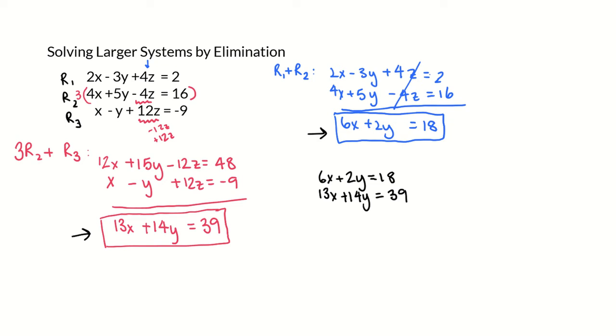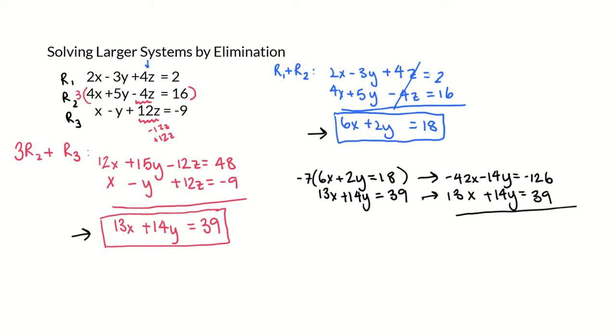So in order to eliminate y, we would want 14 and negative 14. So we want to multiply this top equation by negative 7. Doing that, we get negative 42x minus 14y equals negative 126, and then we rewrite the next equation, 13x plus 14y equals 39. And then we're going to add these two equations together.